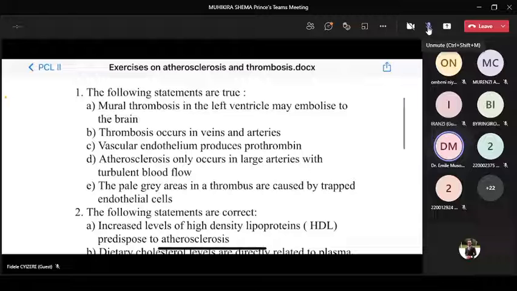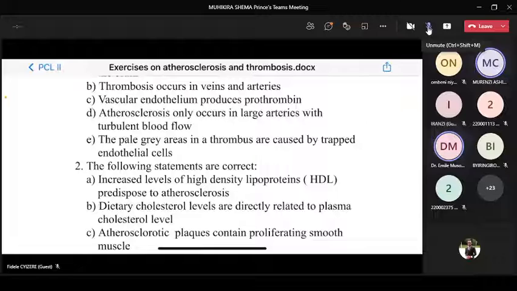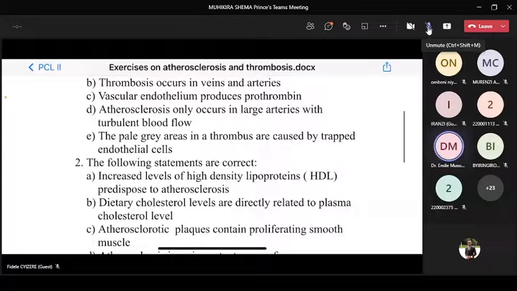The vascular endothelium produces what we call plasminogen, not prothrombin. Okay, continue.